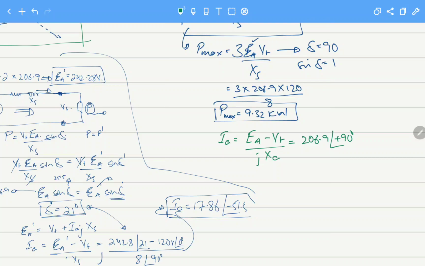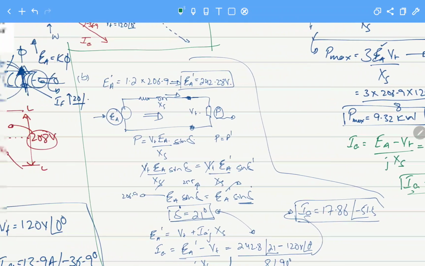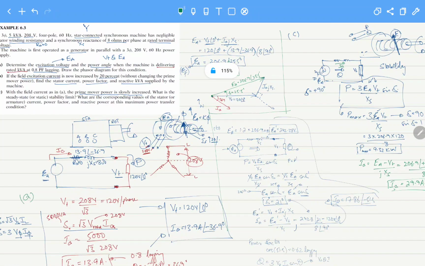This is the stability limit we are calculating. This will be jXS, we can call it XS, and this will be at 90 degrees. So the IA value will become 29.9 amperes. So what we required was this maximum power transfer value.